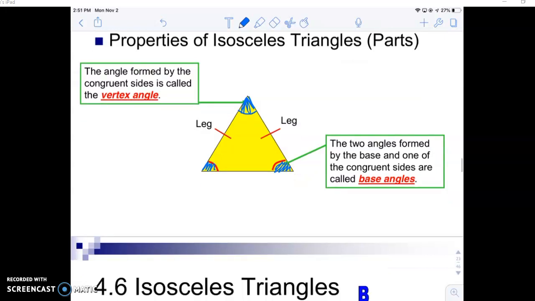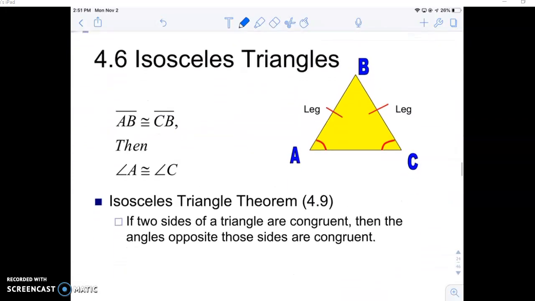Next we have what's called the isosceles triangle theorem, and that tells us if two sides are the same, then their angles are the same. Think about it. You have the two congruent sides, and the angles opposite those sides are equivalent to each other.